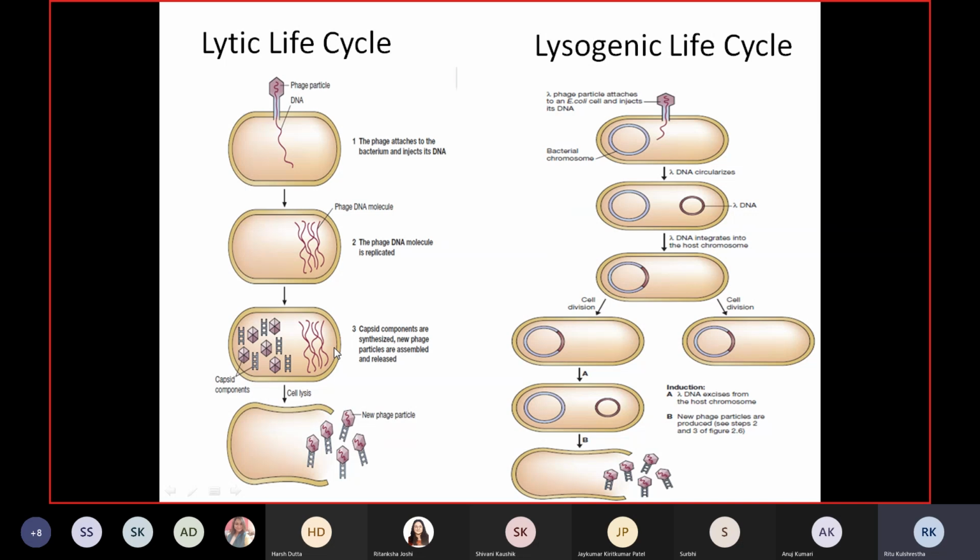They use bacterial host machinery for replication of phage DNA as well as production of the head of the phage particle or the tail.